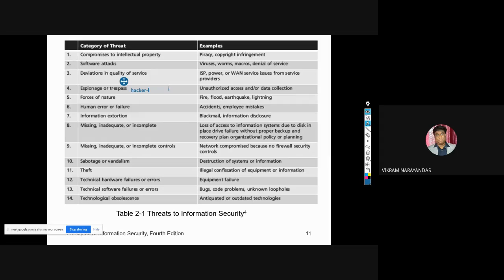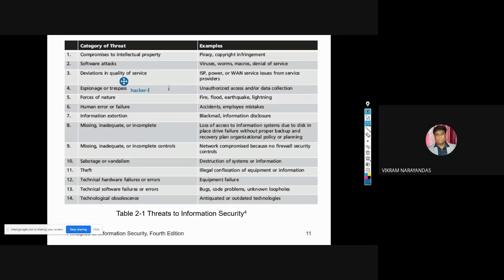It may be a firewall, it may be an IDS. So they have good skill to bypass the controls which are protecting your information. Yes or no? I don't want the definitions from Google.